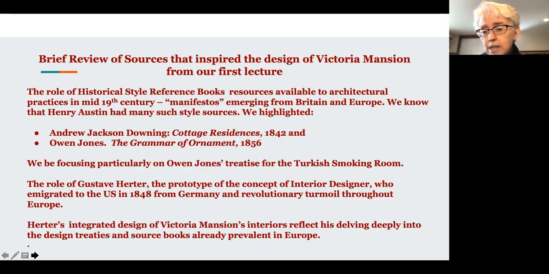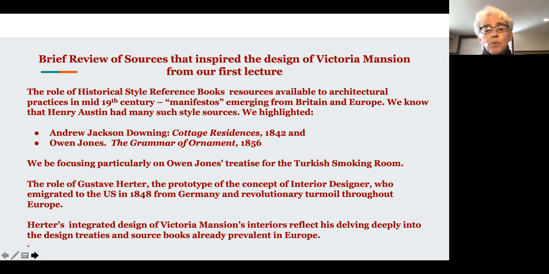We also, in our first lecture, talked about those historical style reference books that architectural companies used. The idea of being an apprentice to become an architect was very much grounded in these reference books. And they were manifestos that emerged from Britain and mainland Europe. And we know that Henry Austin had many such style books.